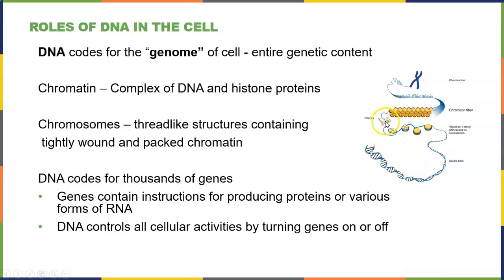You can see then it supercoils, and it forms this thing called chromatin, which is a fiber. But at certain points we can see the DNA as it's really very organized, in the form of a chromosome, which you see up at the top. So these are tightly wound structures, and it's all about chromatin packed in.